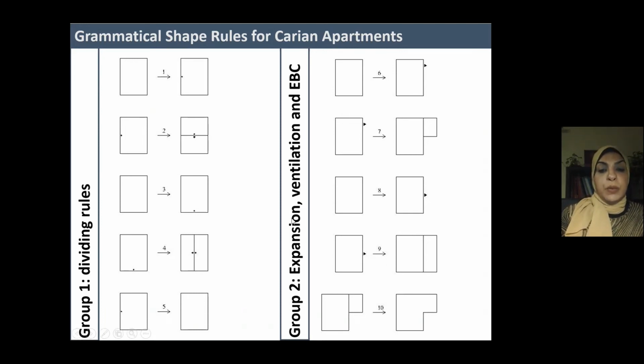The second group of shape grammar rules were deduced from the Egyptian building code, to provide good ventilation and provide expansion for spatial spaces. All of those rules work on the whole surface area of the apartment or the inside rooms as well.